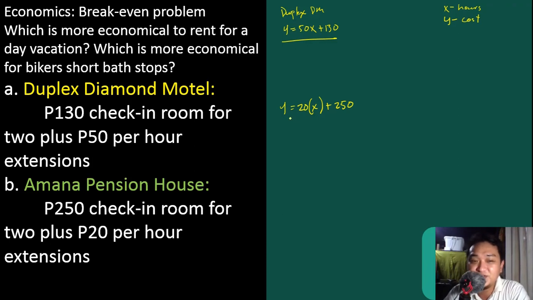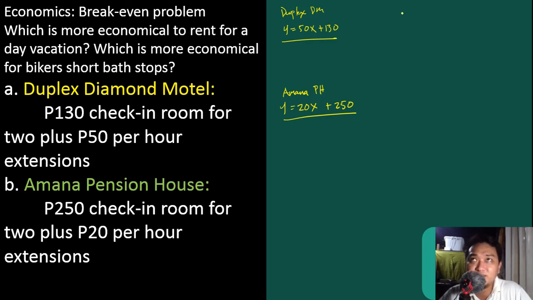So, therefore, yung linear equation natin para dun sa Amana Pension House is Y is equivalent to 20X plus 250. Ayan. Now, let us try to identify the ordered pairs.